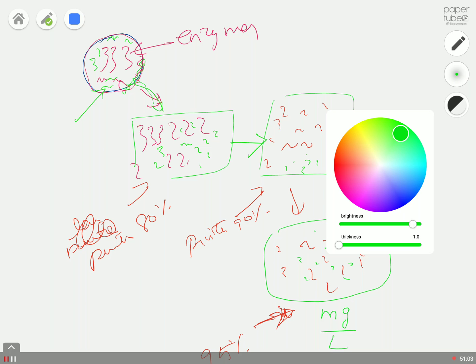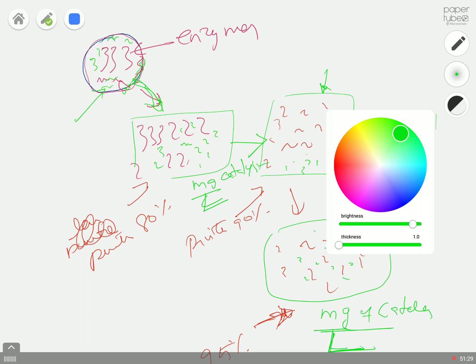So they are all dissolved in solution. So that's why this is something like milligram of your catalyst per liter of solvent, if you want to call it that.